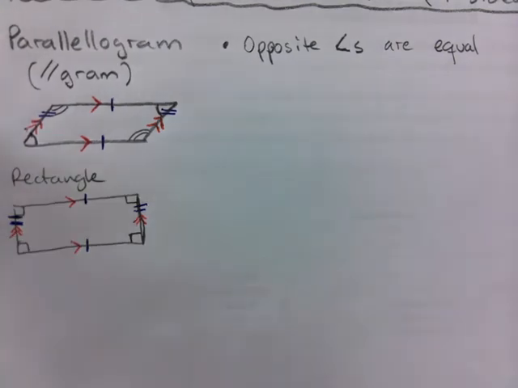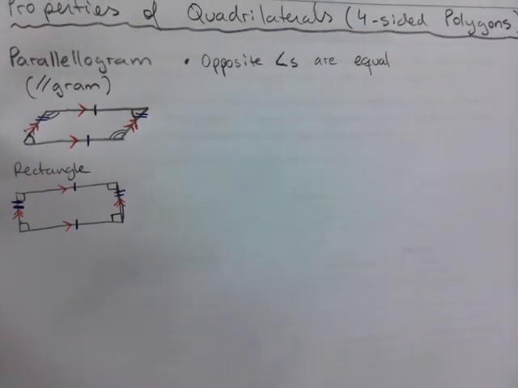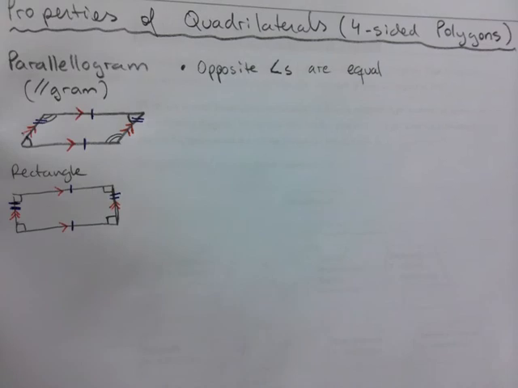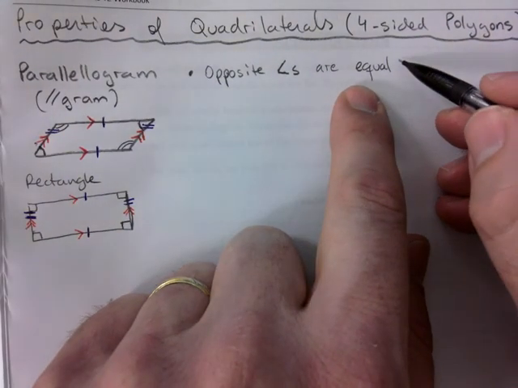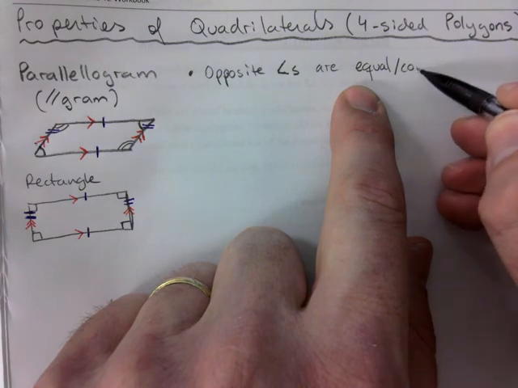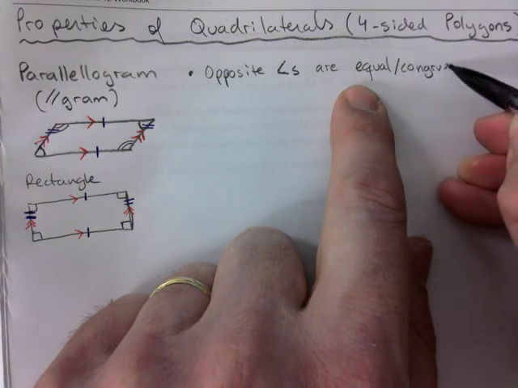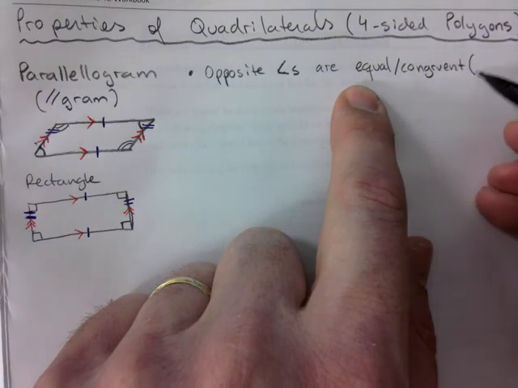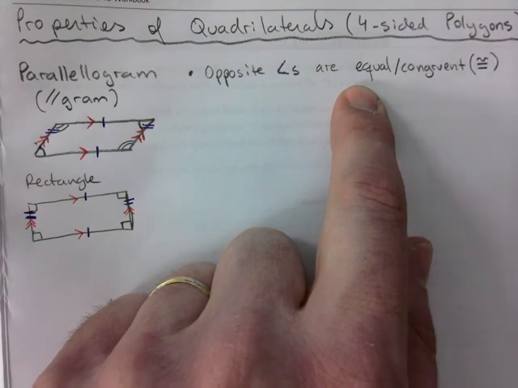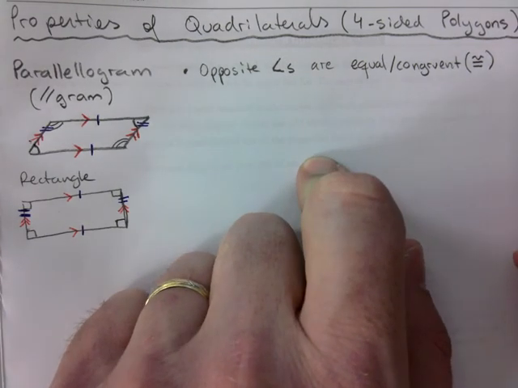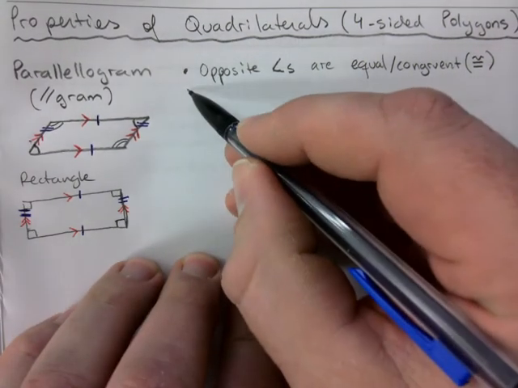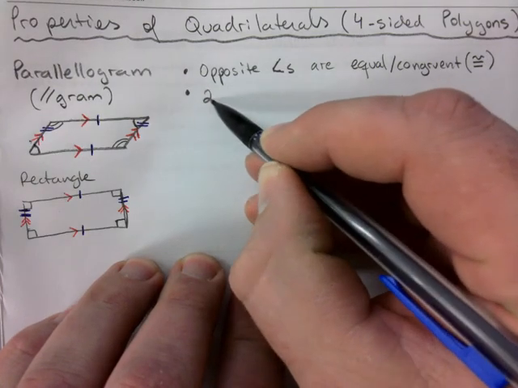I'm going to zoom out a little bit so that I can write a little bit more. Opposite angles are equal, congruent. And this is the symbol we use for it, equal sign followed by a wave, right? So that's the first property that we labeled.